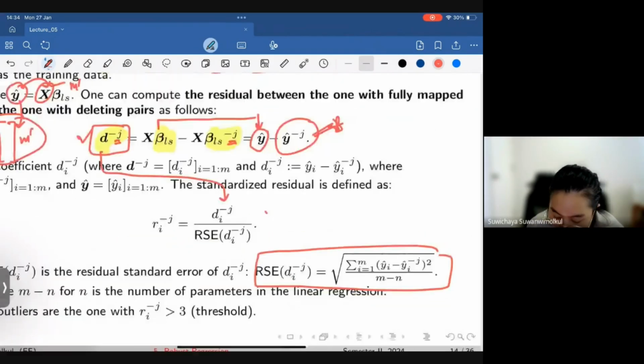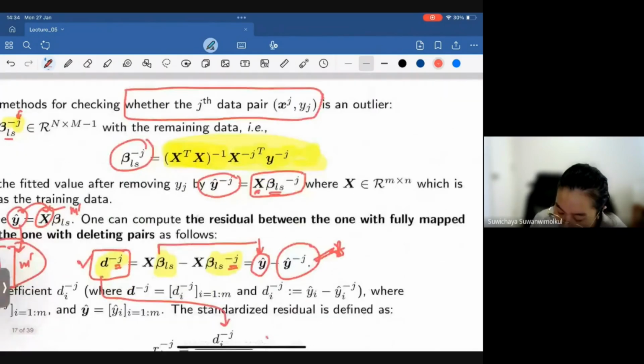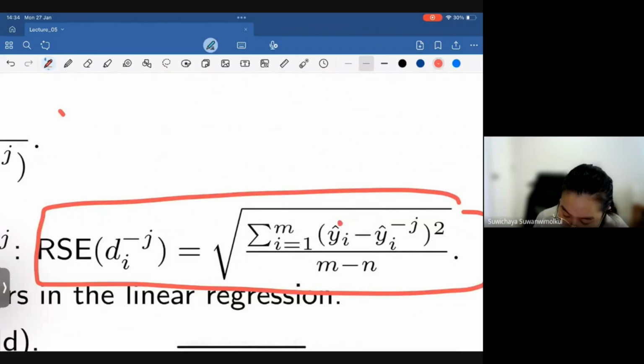If you look at the residual standard error, this is the one where you include the effect of the samples that you thought were noise. In other words, this residual includes the prediction.